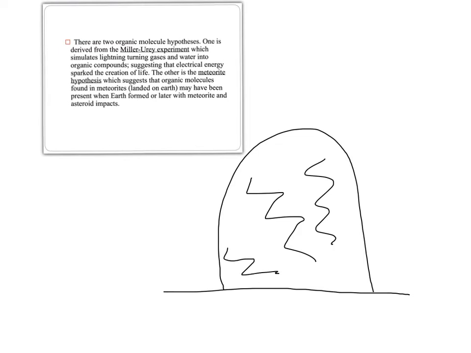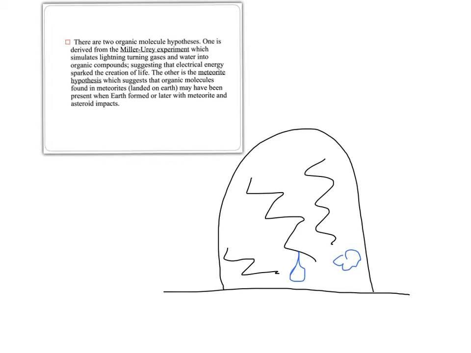And the way that they got this lightning to work is that they turned gases, this is a gas, and water into organic compounds. That suggests that electrical energy sparked the creation of life. So the hypothesis about electric energy is the Miller-Urey experiment.